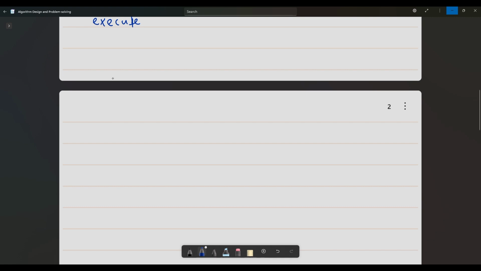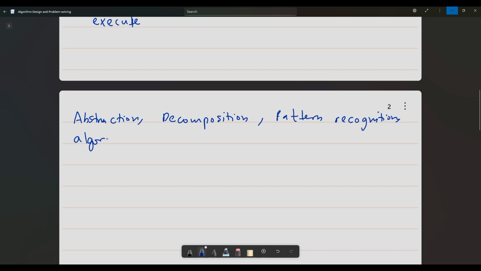The first technique is abstraction, and the second is decomposition. Then pattern recognition. Lastly, the use of algorithms. So I'm just going to write algorithm. These are the methods that we will look into for this course.